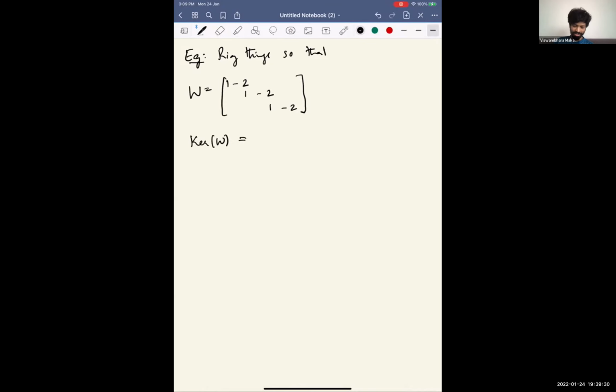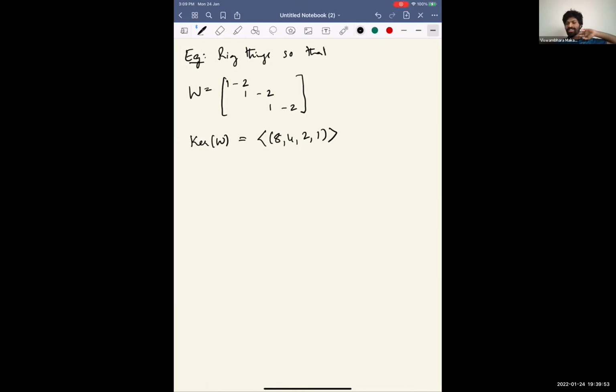If you really look at it, it's going to be the thing spanned by 8, 4, 2, and 1. Why? Because it's like three equations. The first equation is saying x1 has to be 2 times x2. The second one is saying x2 has to be 2 times x3. And the third one is saying x3 has to be 2 times x4. And that effectively says that there's only one thing in the kernel, and that's basically multiples of this vector here.